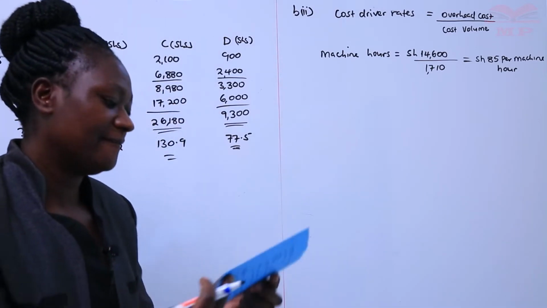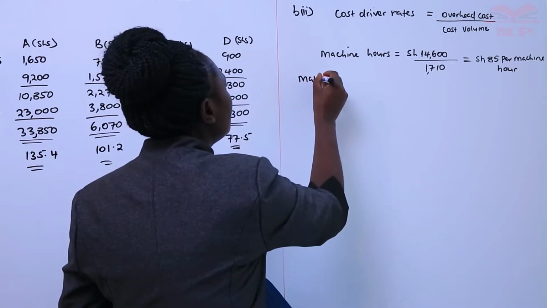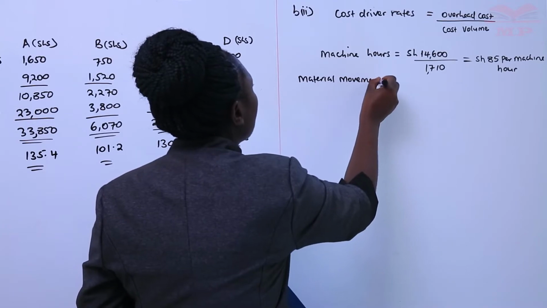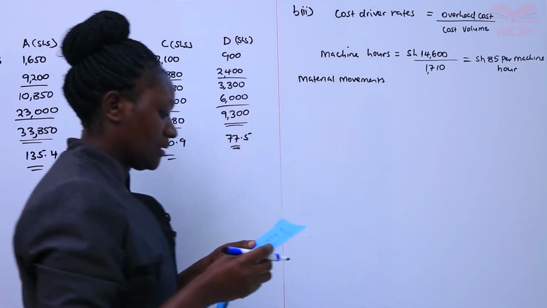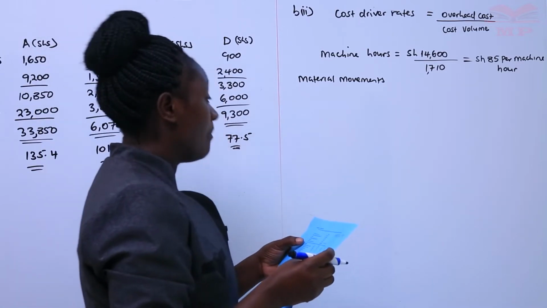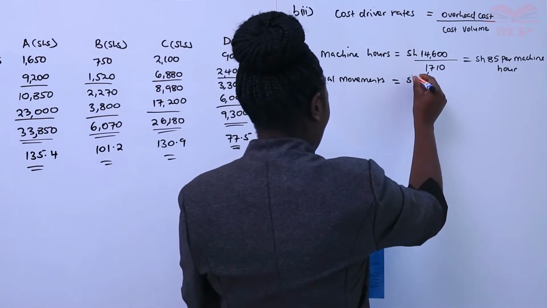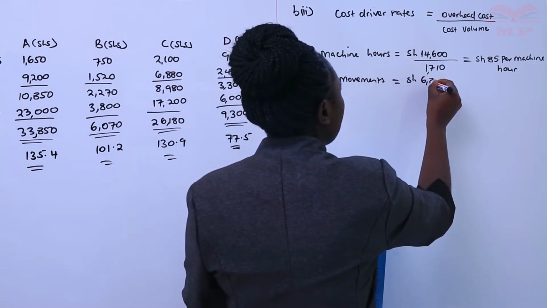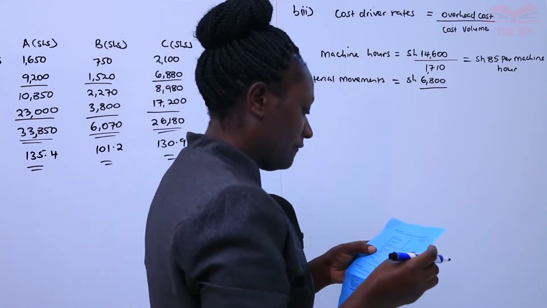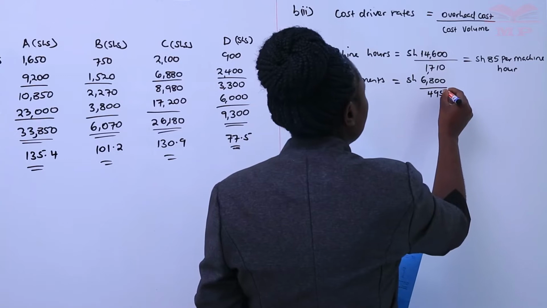Another cost driver is material movement. The material handling and dispatch was equal to 6,800, and we divide it by the cost volume, which is 495.